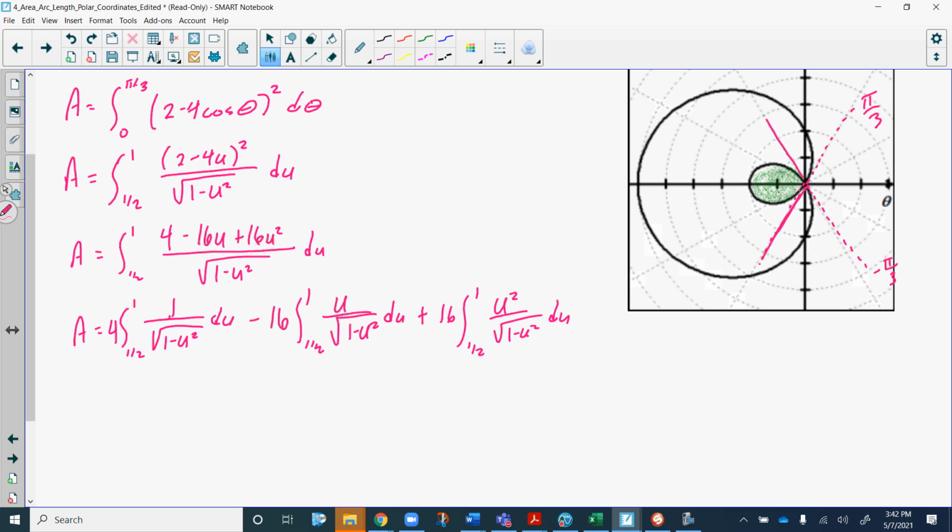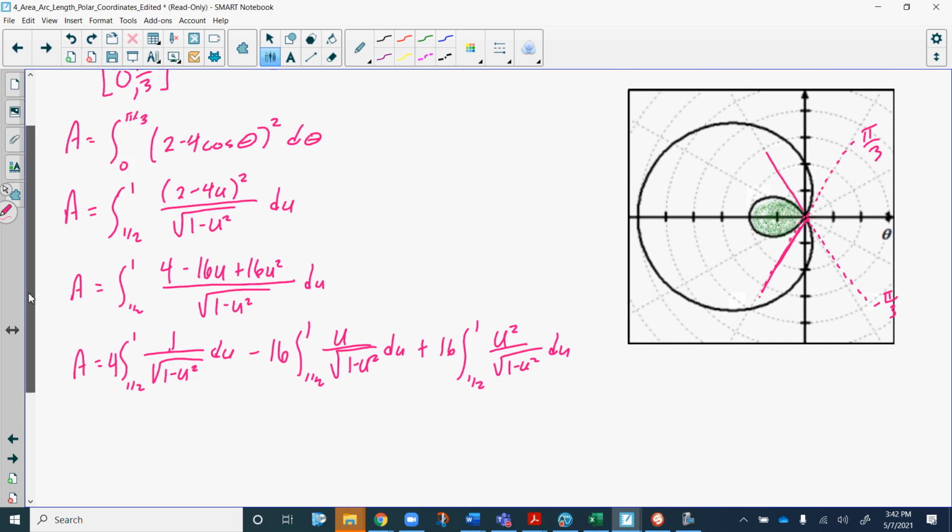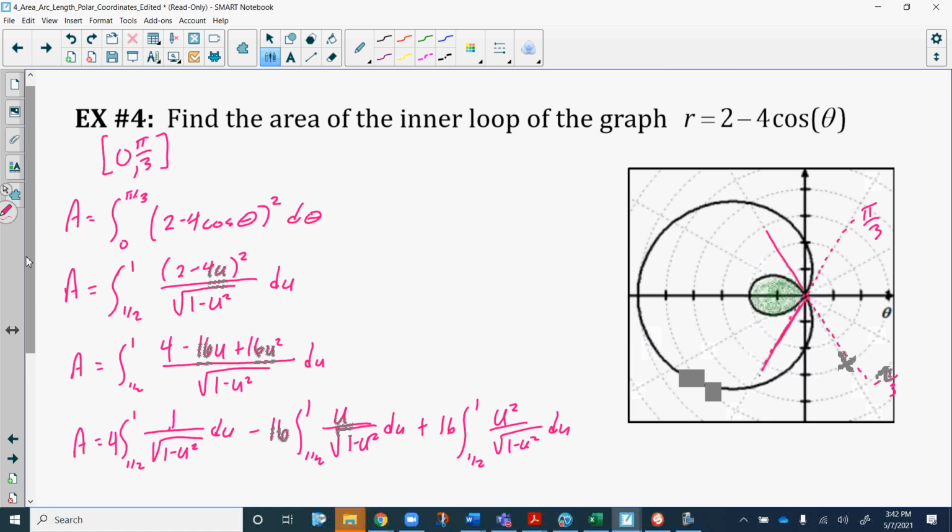So the only reason I'm doing this is just to demonstrate why this one should be a calculator question. Okay, and we don't need to demonstrate our work to calculate a definite integral on our calculator. We don't have to show our work for that. So I'm not.